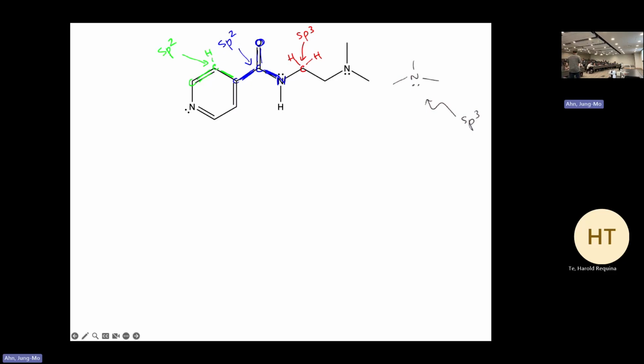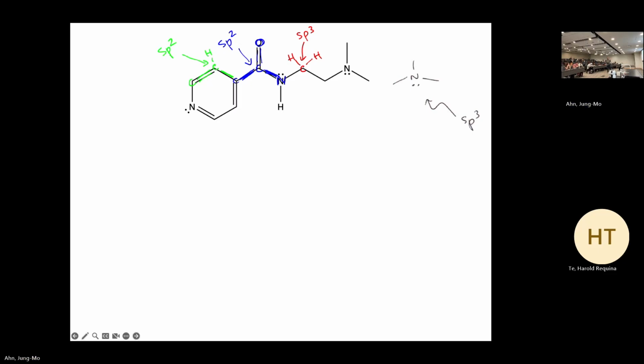That's not too bad, right? You just have to consider the lone pair as a substituent, even though it's not making the same shape as a bond with the neighboring carbons or other elements. If you consider lone pairs, you can figure out the hybridization of this nitrogen. Now look at that oxygen there. That oxygen is bonded with the carbon with a double bond.